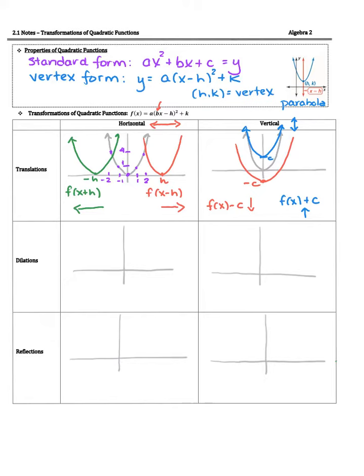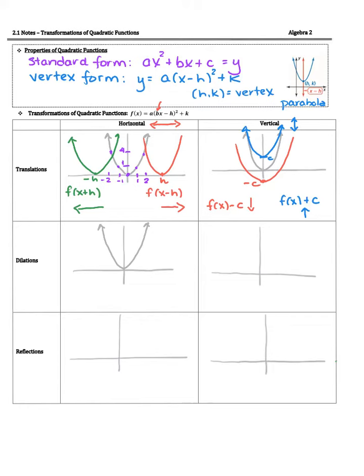Dilations are a little bit harder. When you are doing a horizontal dilation, again, we're in the horizontal column, remember it always acts the opposite in the actual notation.